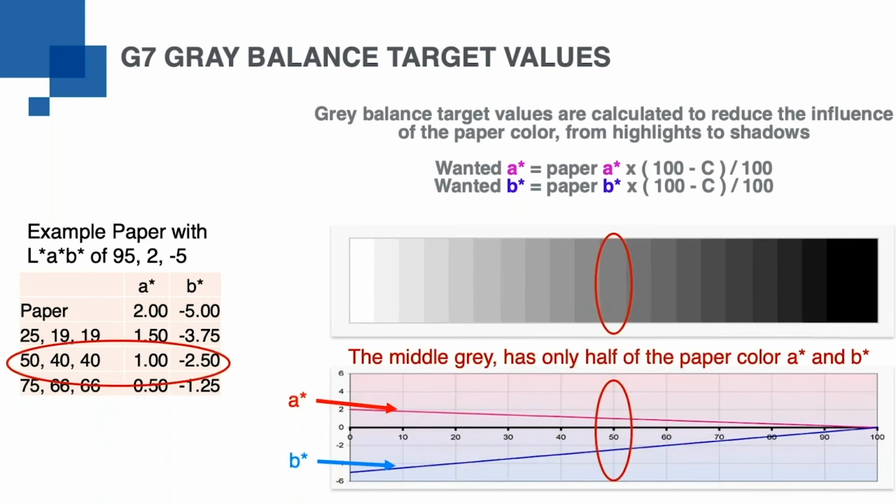What we can see right here is the middle value, the middle gray, is half of the paper's value for A and B. So it has half of the paper color left.